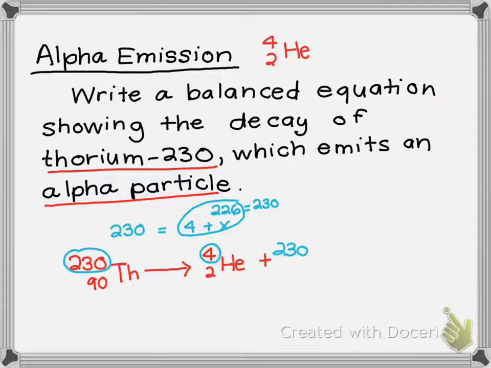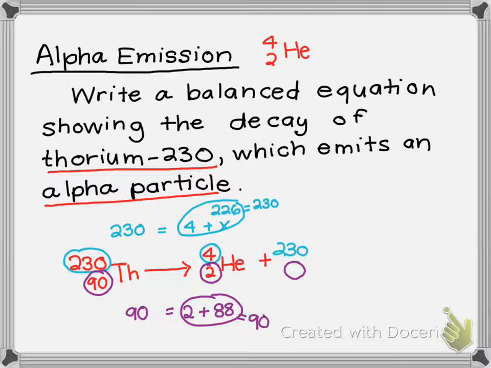Now I would do the same thing with the atomic numbers. So in the bottom we have 90, and that must equal 2 plus the atomic number of my unknown isotope. And so I see 2 plus 88 would equal 90. So the atomic number of my new element that's formed must be 88.